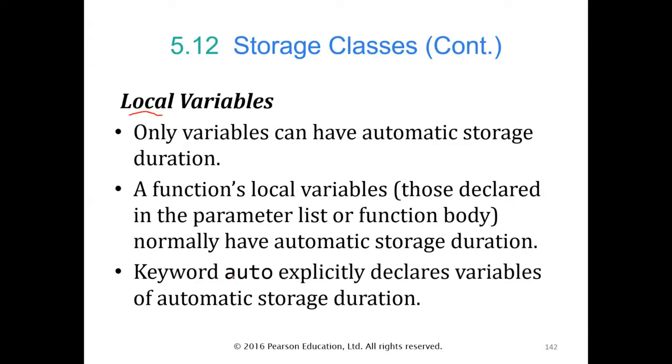If you use the keyword auto, it explicitly declares variables to have automatic storage duration. But you generally do not need to write the keyword auto when you're declaring variables, because by default all variables are local variables, so you don't have to write this. Okay, this keyword auto is hardly ever used.